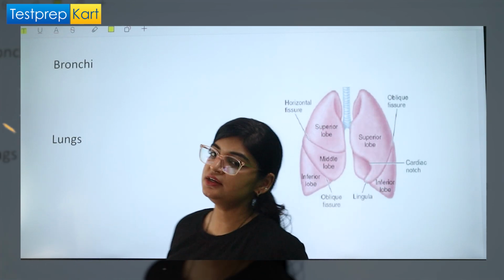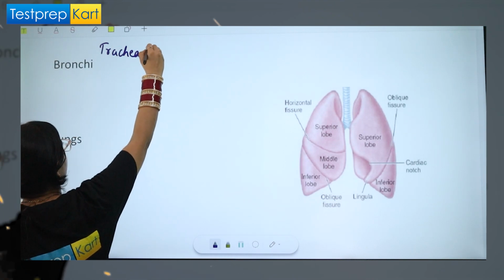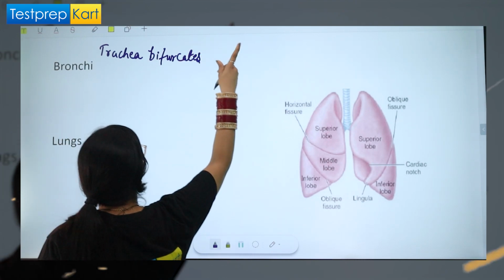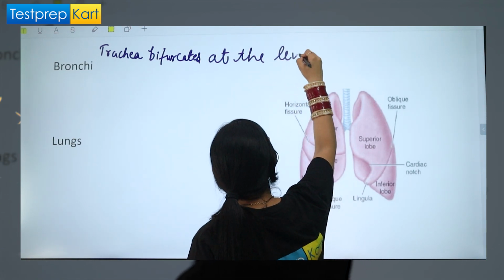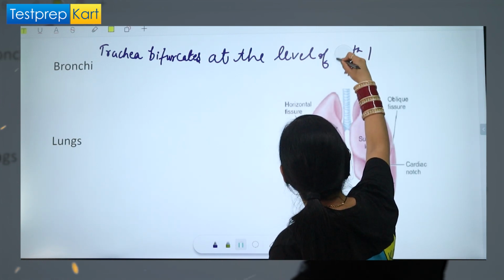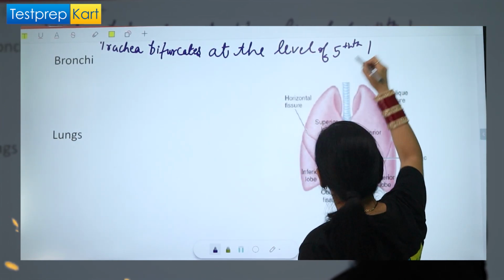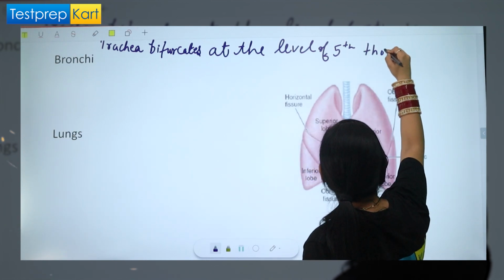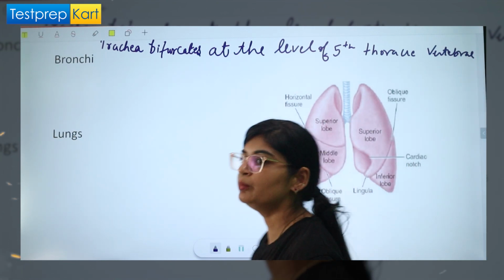So the trachea bifurcates at the level of the fifth thoracic vertebra into the bronchi, right?